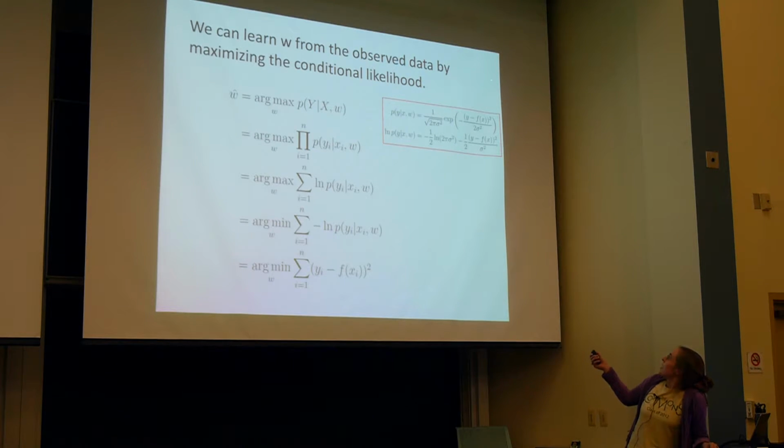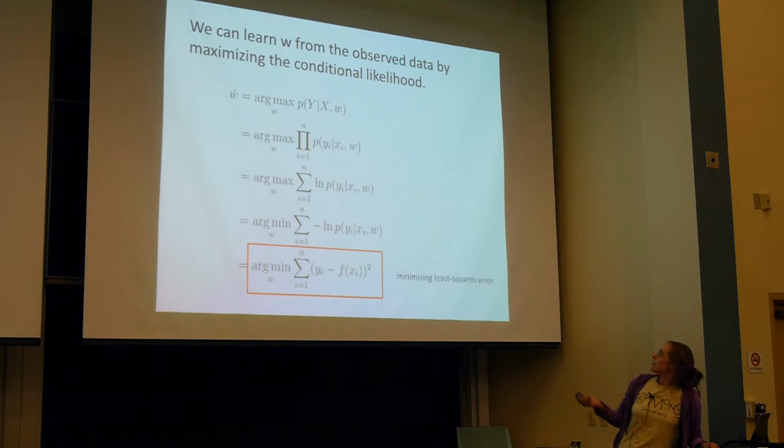So yeah, the only part of the probability that depends on W is going to be this y minus f of x squared, because for linear regression we defined f of x to be W transpose times phi of x, which was just x with that 1 added on to it. So this is the reason I switched it to be minimization.